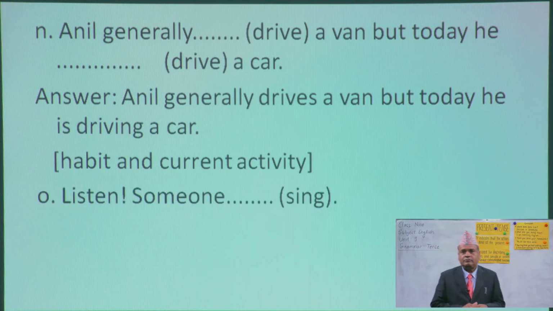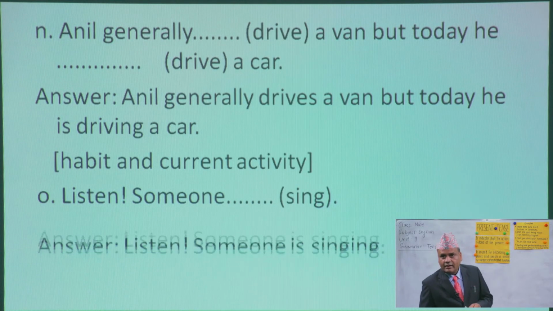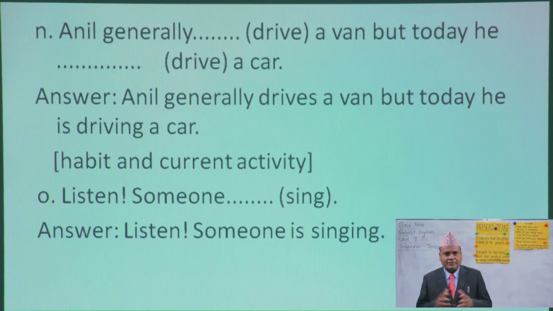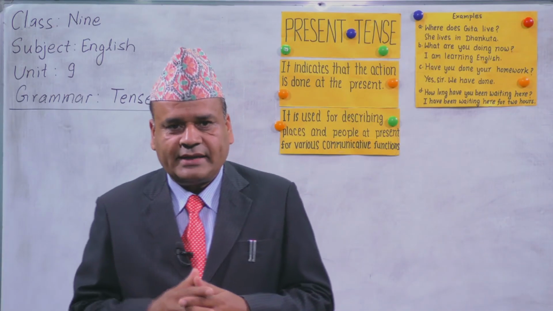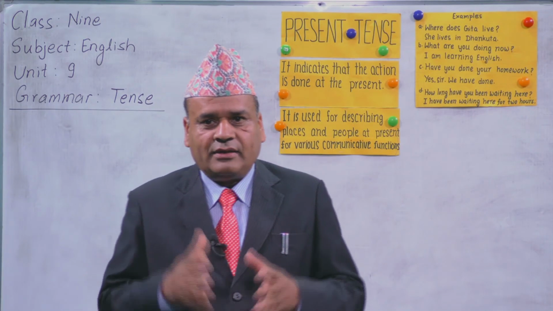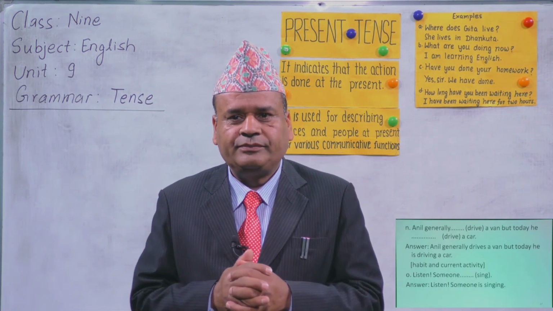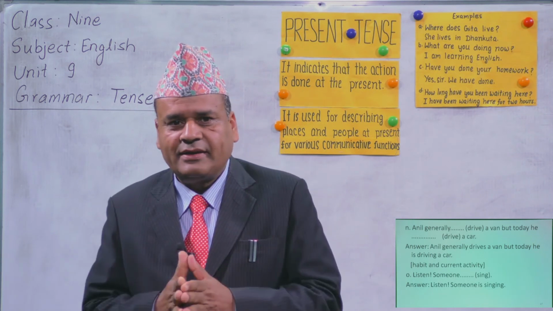Okay? And listen, someone sing, that is listen, someone is singing. Why? Because listen is an exclamatory word. Sometimes you can see the sign, exclamatory signs, right? The sign indicates that some action is going on there. Somebody is singing there, right?